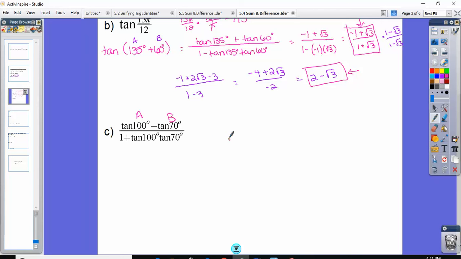This would be my A, and this would be my B. So this is tangent of 100 degrees minus 70 degrees. That's 30. Tangent 30, use your hand trick, radical 1 over radical 3, which is radical 3 over 3.